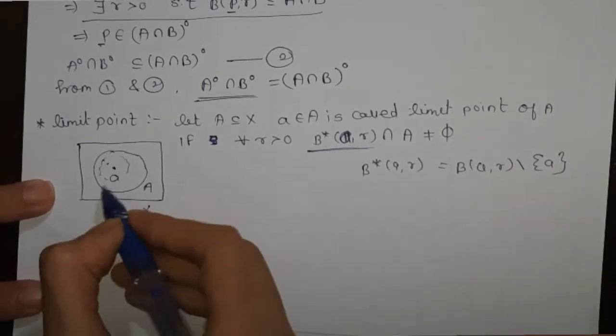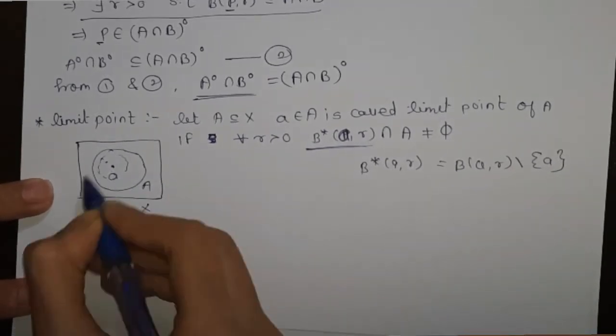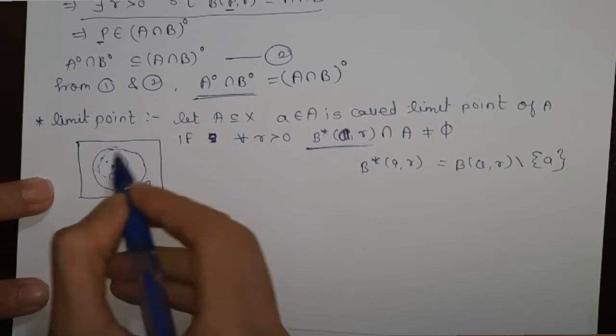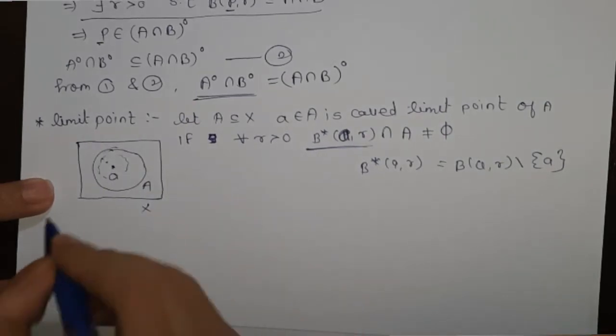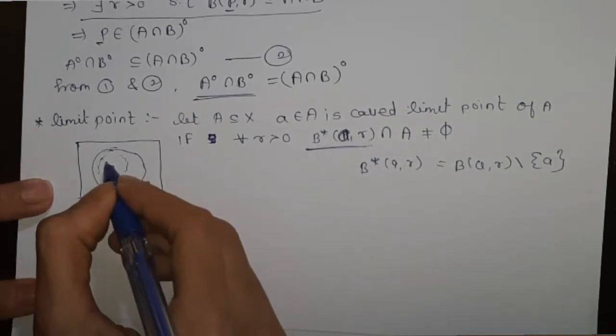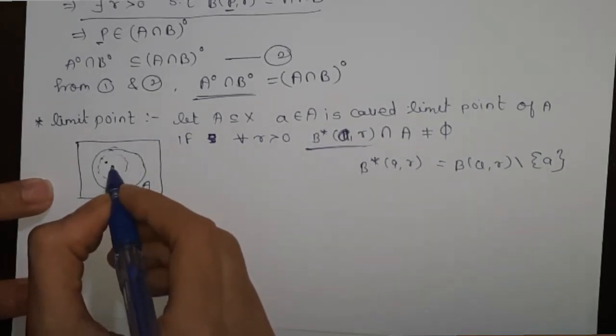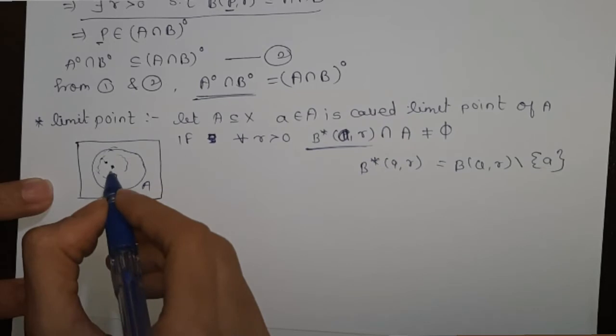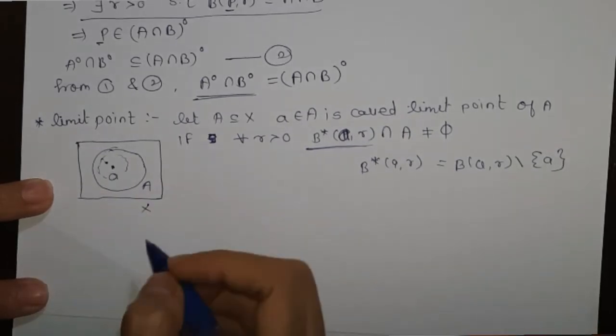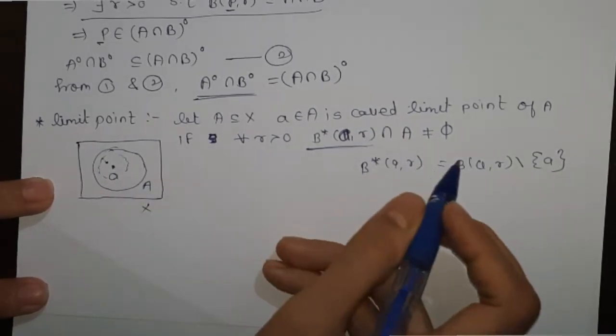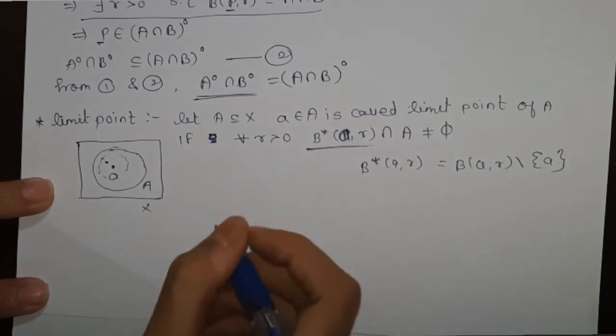This means we remove this a from the ball, and after removing that we are getting at least one point. After getting this point, we say this a is a limit point. So this is the definition of a limit point.